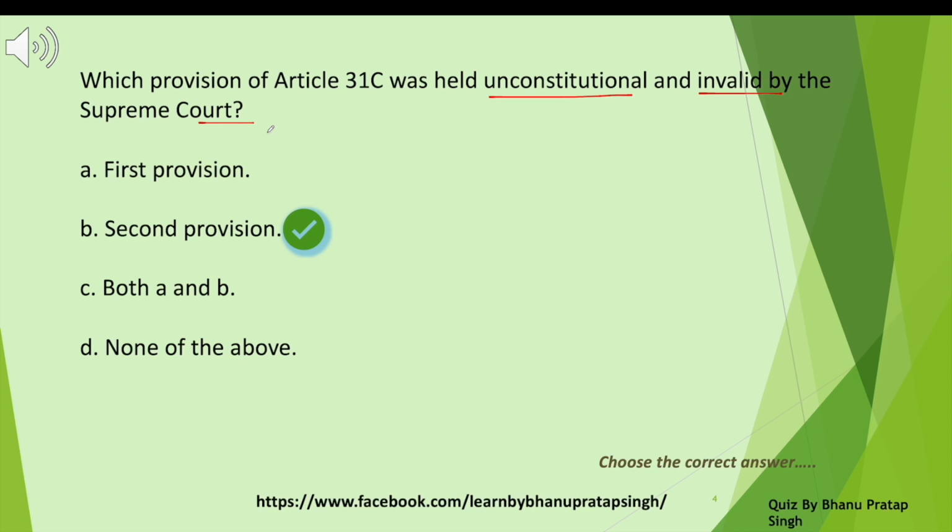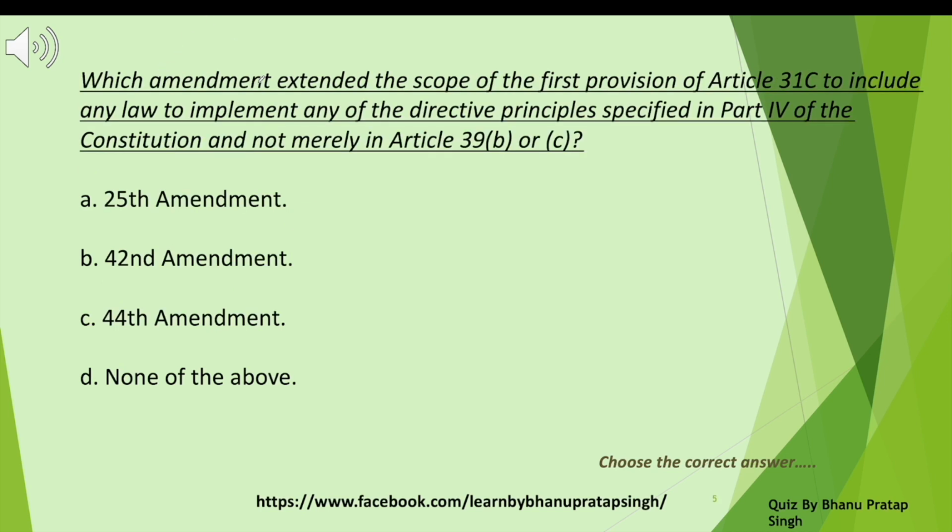Second provision. Which amendment extended the scope of the first provision of Article 31C to include any law to implement any of the directive principles specified in Part 4 of the Constitution and not just in Articles 39B or C? Look at the options.